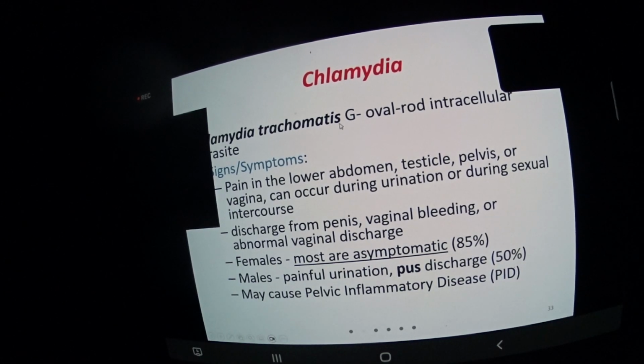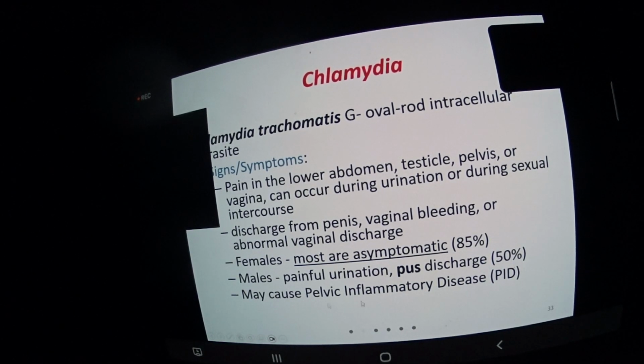Chlamydia trachomatis is the bacteria that causes it. If you're showing signs and symptoms: pain in the lower abdomen, testicles, pelvis, vaginal tract, may have some discharge. But like I said, the majority of individuals, especially females, 85%, are absolutely asymptomatic. Males can show symptoms, about 50%.